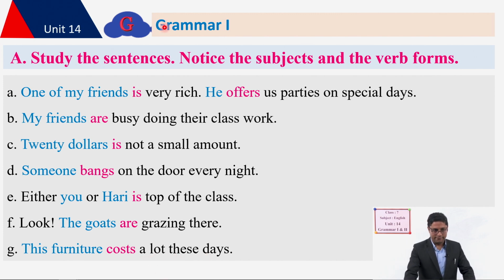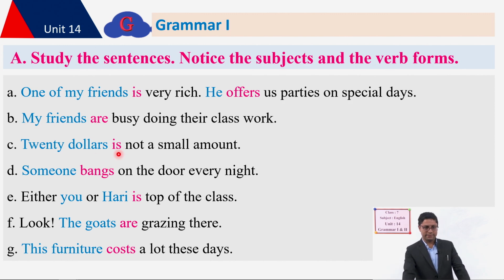So, see here, in some sentences you can find singular verbs, in some sentences you find plural verbs. For example, if you look at A, there is is, similarly there is offers, they are singular forms of the verbs. Similarly, if you look at second, are, it is plural.